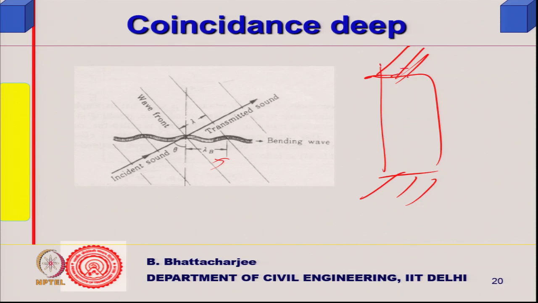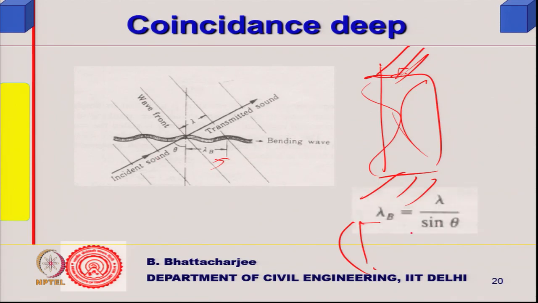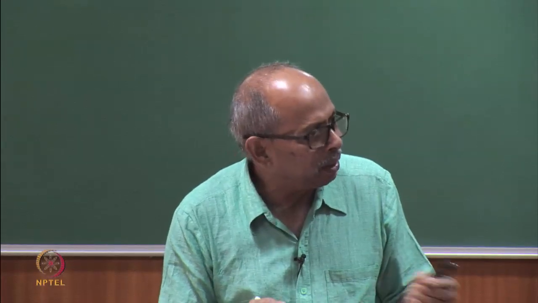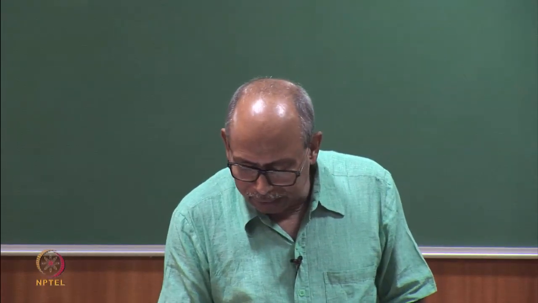Depending upon the support condition, fixed or hinge or whatever it is, the wall can bend, or there could be bending of the other modes also. And when this kind of relationship is there, the lambda of the bending wave matches the wavelength of the bending of the panel itself, right. It may not be visible, but it can bend, structural bending of the panel itself.